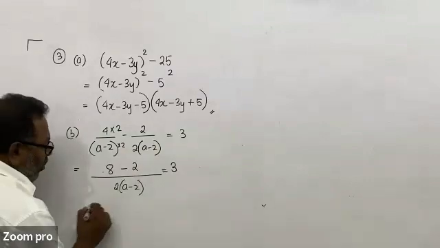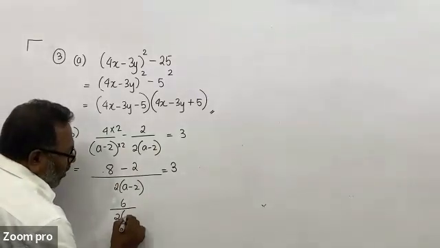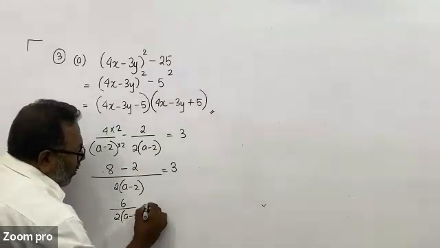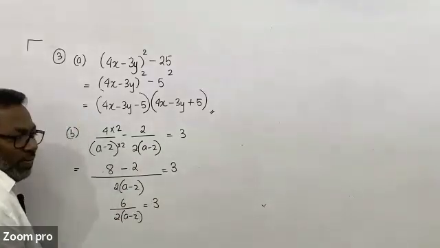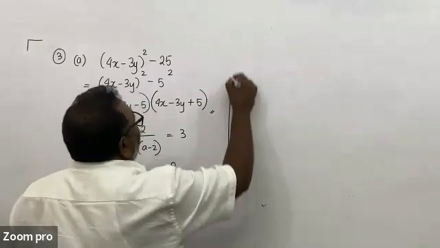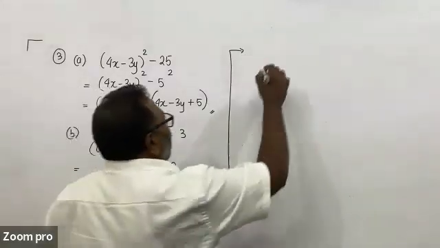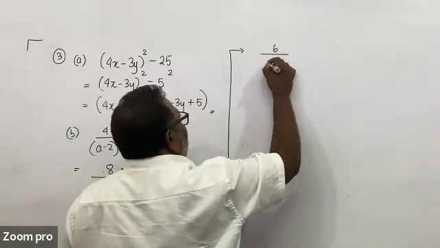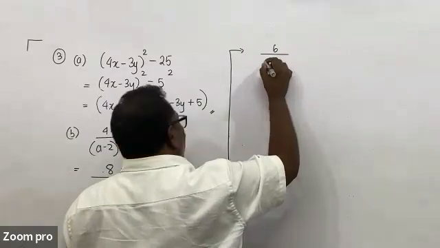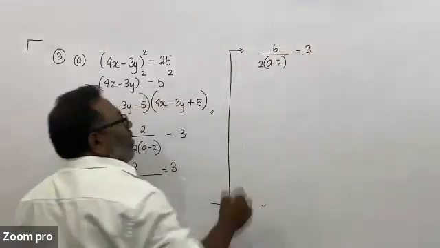Simplify. 8 minus 2 is 6 over 2 into A minus 2 is equal to 3. Okay, I'm going to take this up, so I'll just rewrite this. 6 over A minus 2 into 2 is equal to 3.